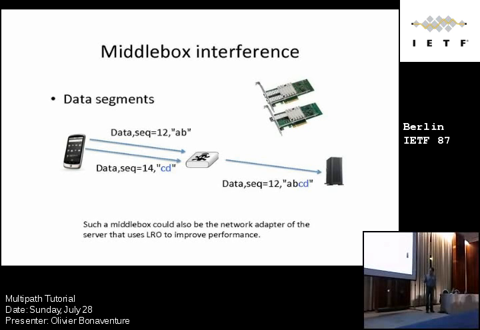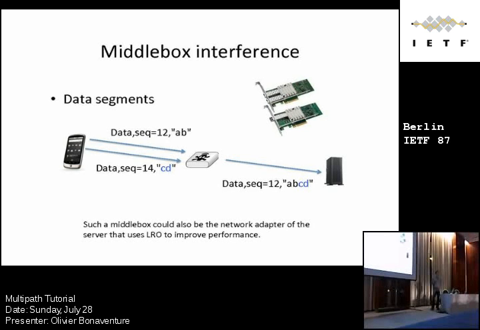For example, if you send a small amount of data, you could be in a situation where you send two segments, and these two segments are, by miracle, combined together by one middle box. And this middle box would, for example, reduce the overhead that you have for the transmission of the data. And I see someone nodding in the room saying that this could not exist.